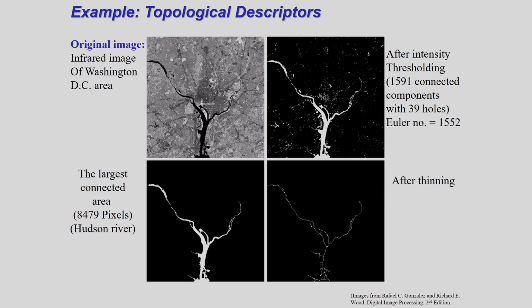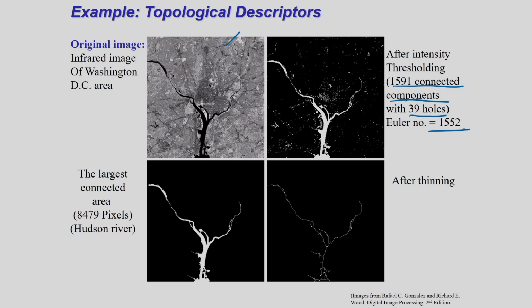In this case, I am showing the original image, that is the grayscale image, and after intensity thresholding, I am having 1591 connected components. So I can calculate how many connected components there are and how many holes there are, 39 holes, and corresponding to this I can determine the Euler number.